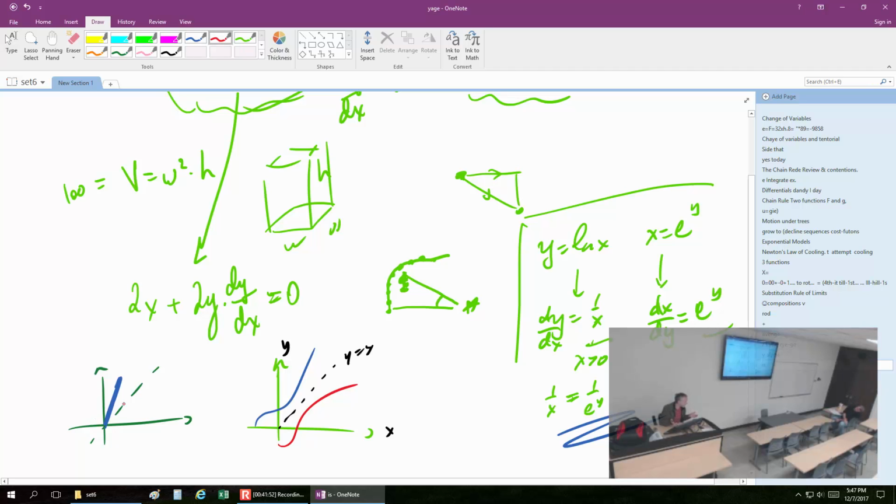So let's make them linear. It doesn't really matter. Because we're only interested in one point at a time, and if we zoom in, then both graphs look like straight lines. So that's the kind of relation that you might encounter, and you can recognize. Do you see the relation between these two slopes?